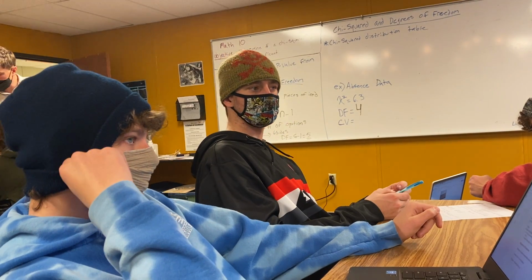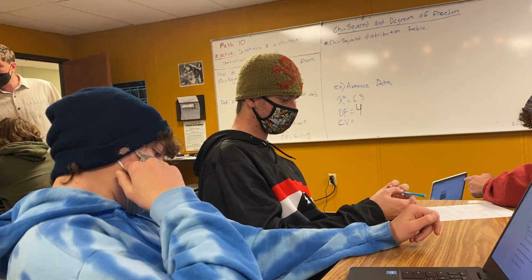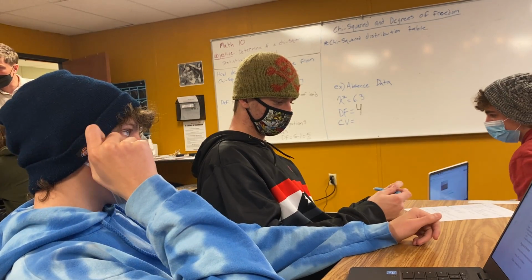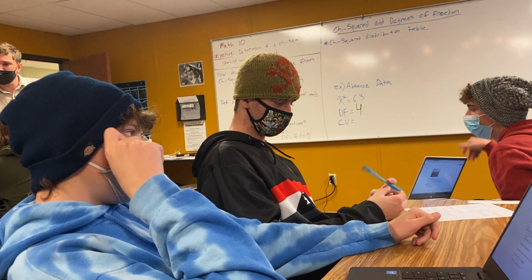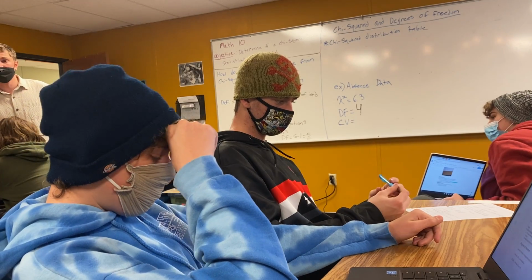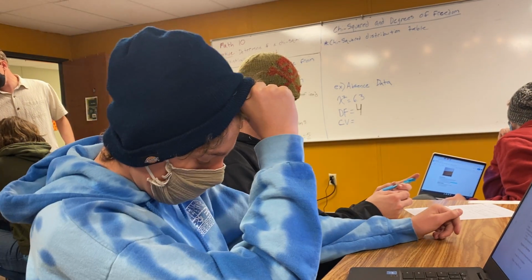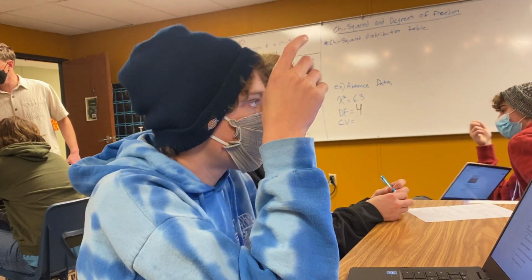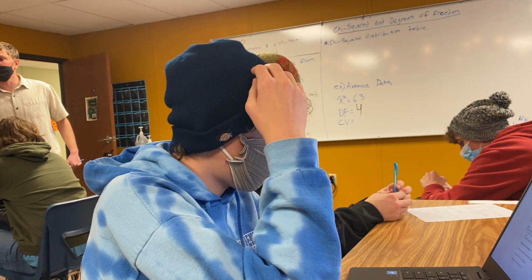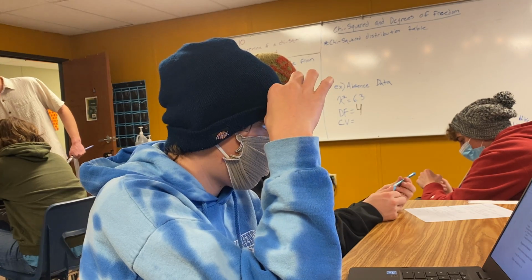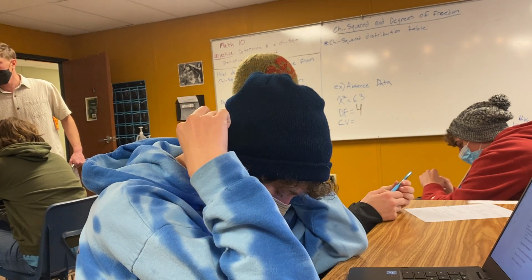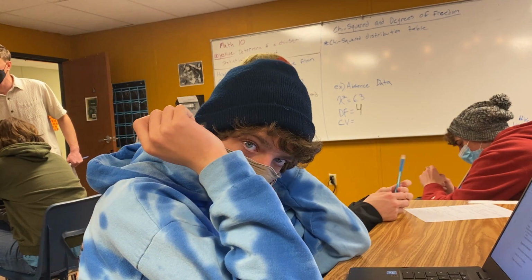I'm looking at that first row, D1, and then if I go to 0.05, that's the number I care about. That's a critical value, and it says 3.841. That is telling me I need a chi-squared of at least 3.841 in order for my data to be significant with a degree of freedom of 1.